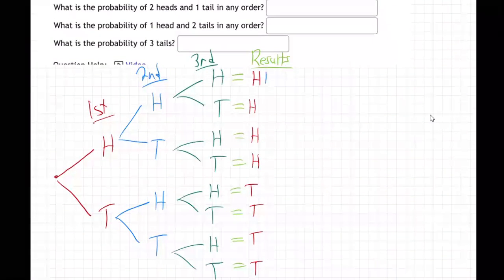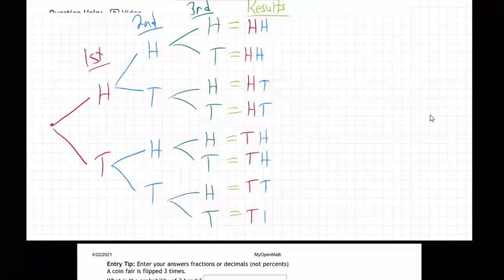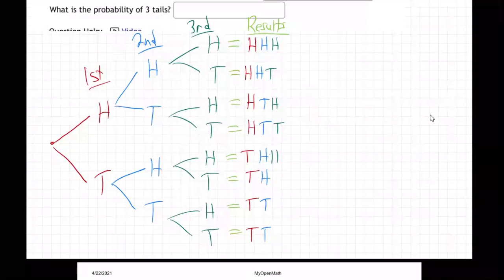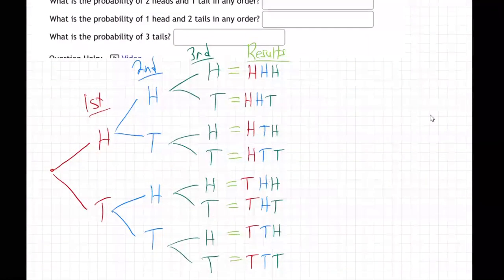And next will come head, tail, head, tail, and last one, head, tail, head, tail. Okay, so there's the results.